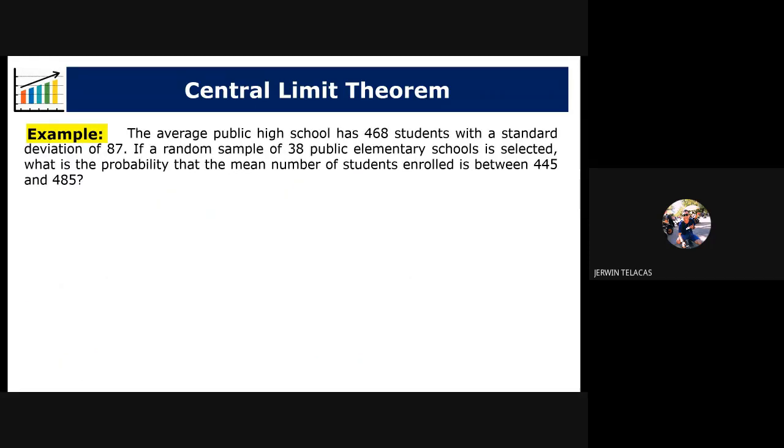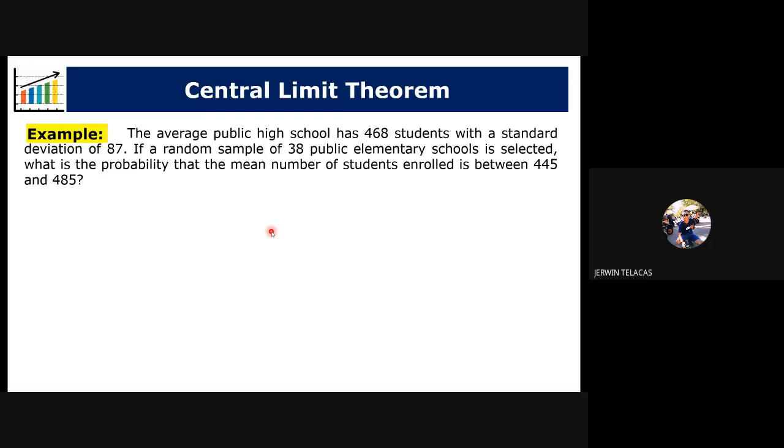Oh, finally, you can relax. The average public high school has 468 students. It should not be public high school; it should just be public school here, because our sample is public elementary schools, so the population should be public schools. Let me correct the problem.